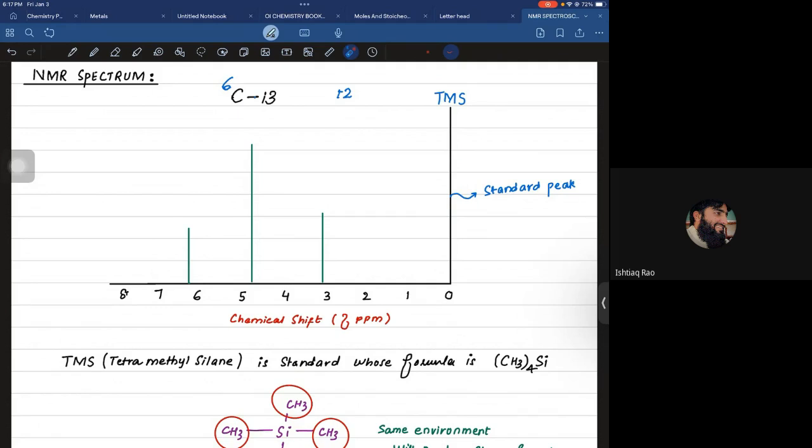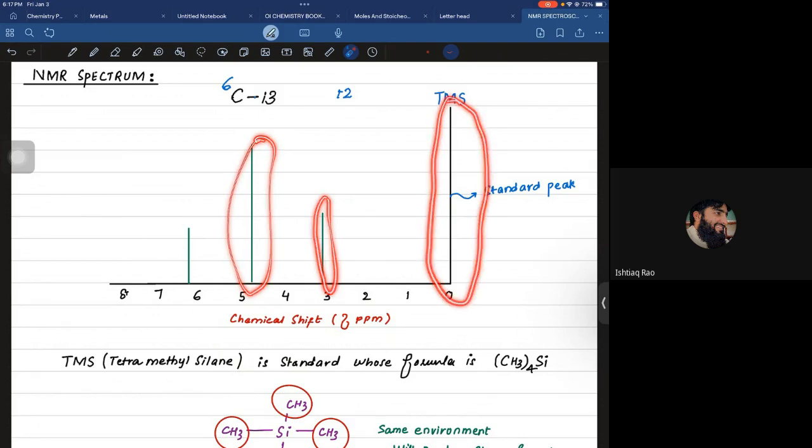So in this spectroscopy, you can see the peaks, these are the signals that the sample gave us. And this is the chemical shift, in terms of ppm. ppm means parts per million, it's the lowest unit of concentration. We are going to measure all the peaks according to this.